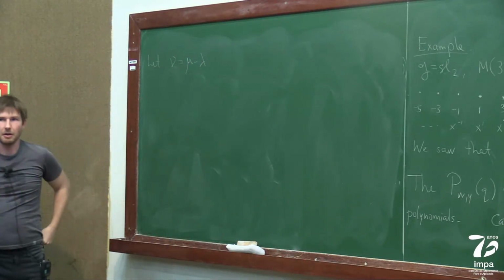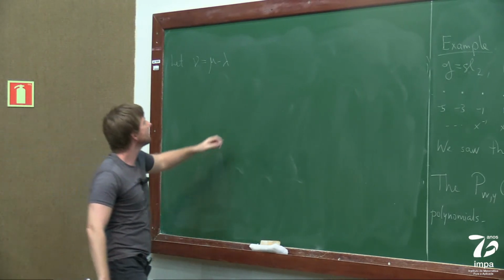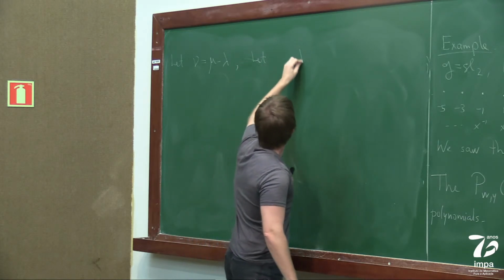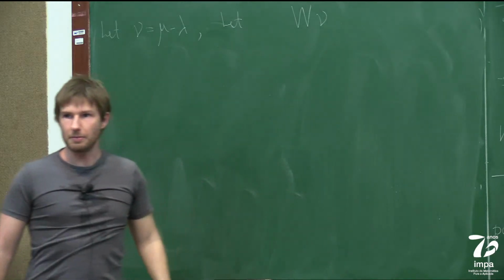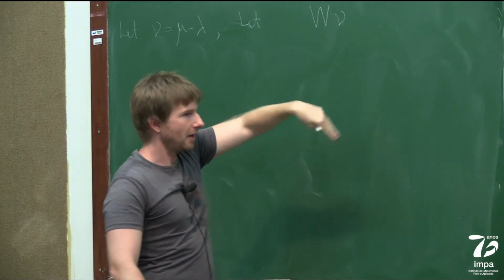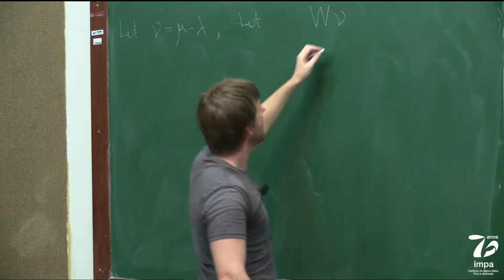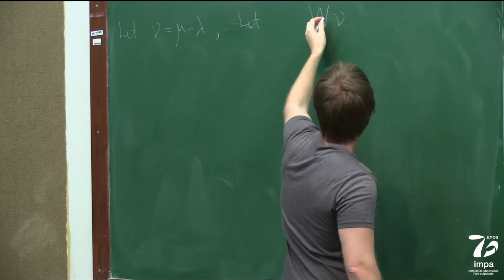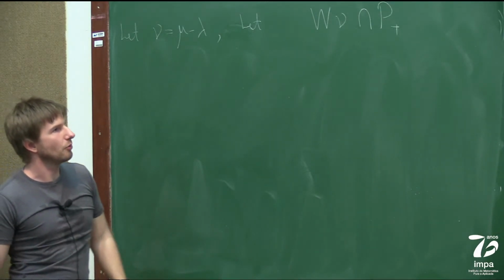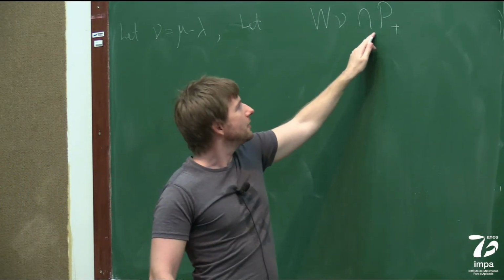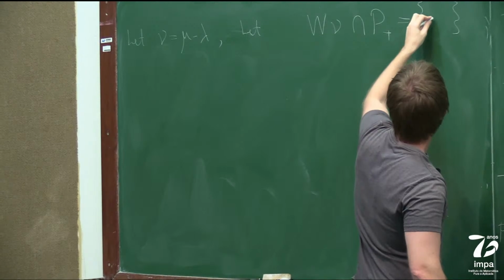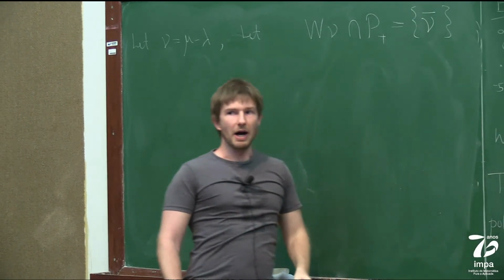Consider the difference between these weights, mu and lambda, call it nu. Then if you take the Weyl group acting on nu, so this is the usual action, not the dot action, then there's some finite set. It turns out the elements are also integral weights. And it turns out that the intersection with P plus is unique. So this is going to consist of a single element, which I'll call nu bar.